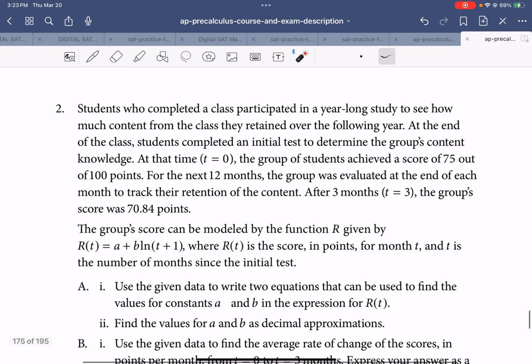Now number 2. Students who completed a class participated in a year-long study to see how much content from the class they retained over the following year. At the end of the class, students completed an initial test to determine the group's content knowledge. At time t equals 0, the group of students achieved the score 75 out of 100. So that's the beginning.